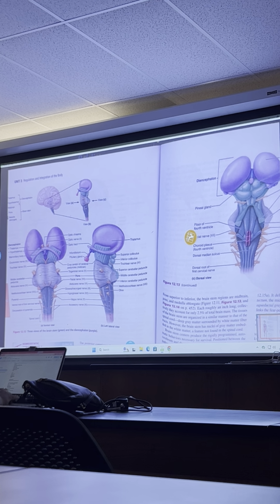This is the pons, P-O-N-S. So you have midbrain above, pons, and below it the medulla oblongata, which blends into the spinal cord. Okay, so that's brainstem.